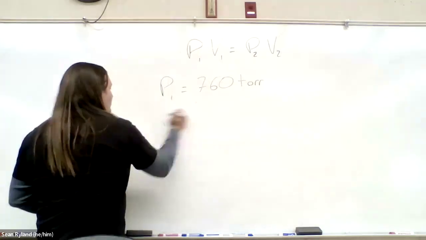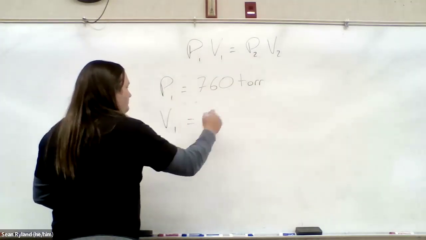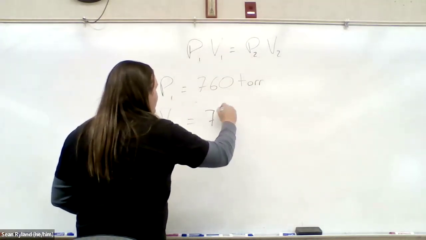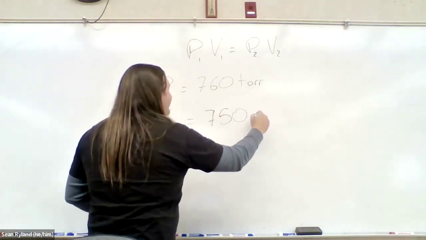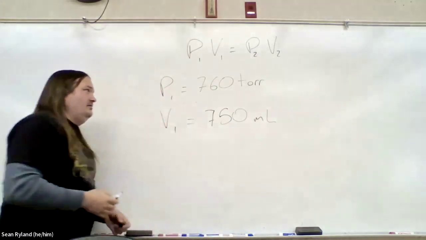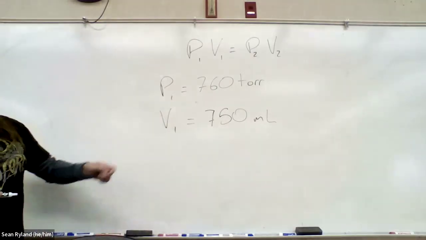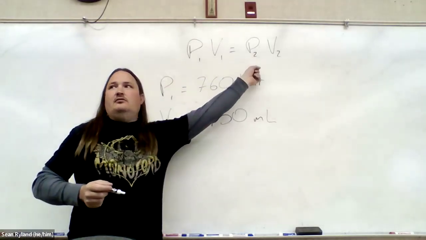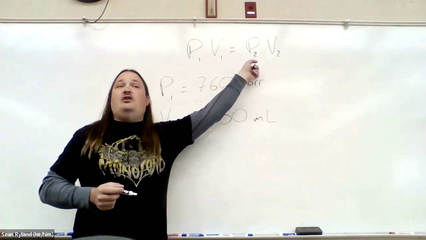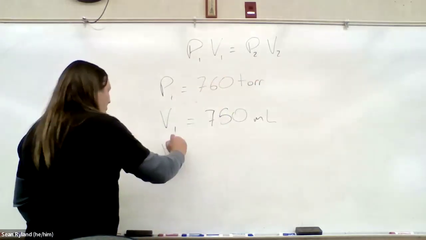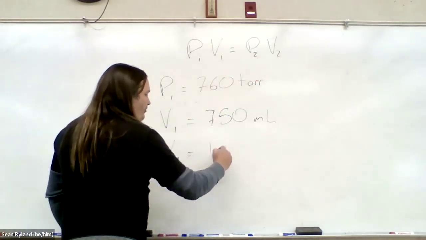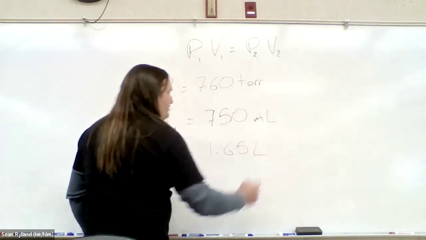Oh, sorry, we're not doing temperature. V1. 750 milliliters. What do we know from the after side? That's the volume, and we know the volume in liters. We know V2 is 1.65 liters.